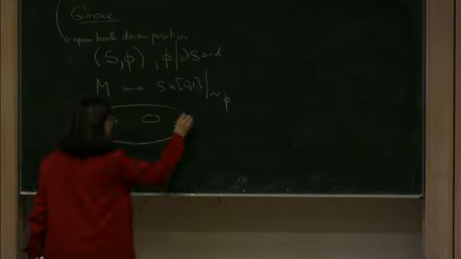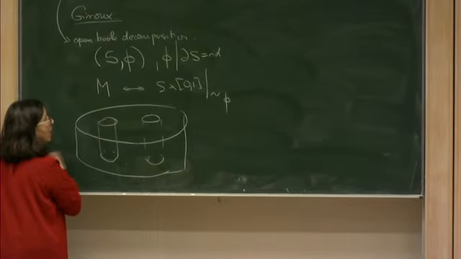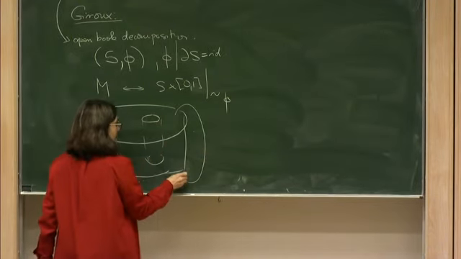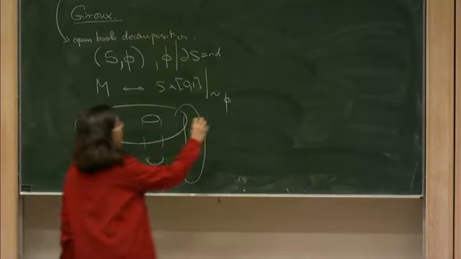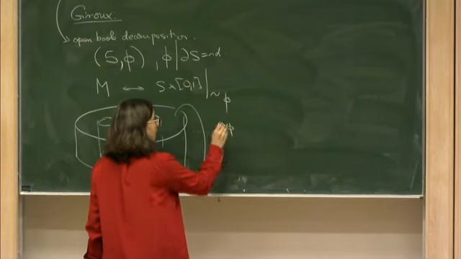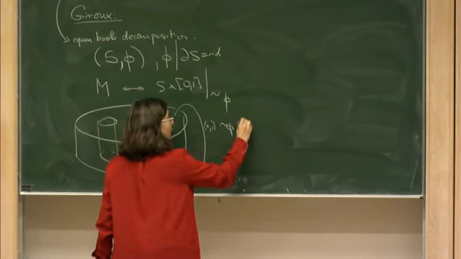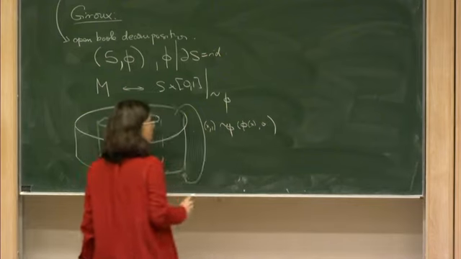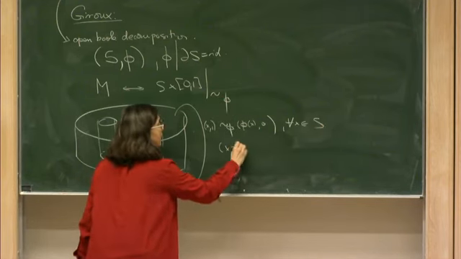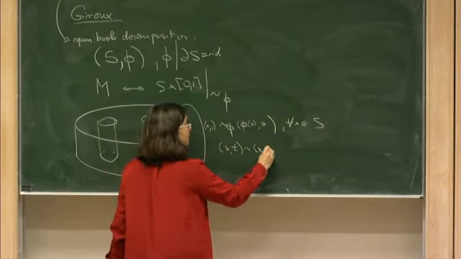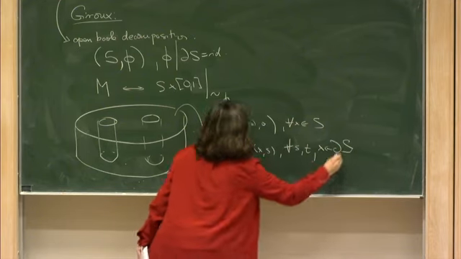So I have S × I, and φ is some diffeomorphism of the surface fixing the boundary, and my equivalence relation is that (x,1) is equivalent to (φ(x),0) for every x in S, and that (x,t) is equivalent to (x,s) for every s and t when x is in the boundary of S.